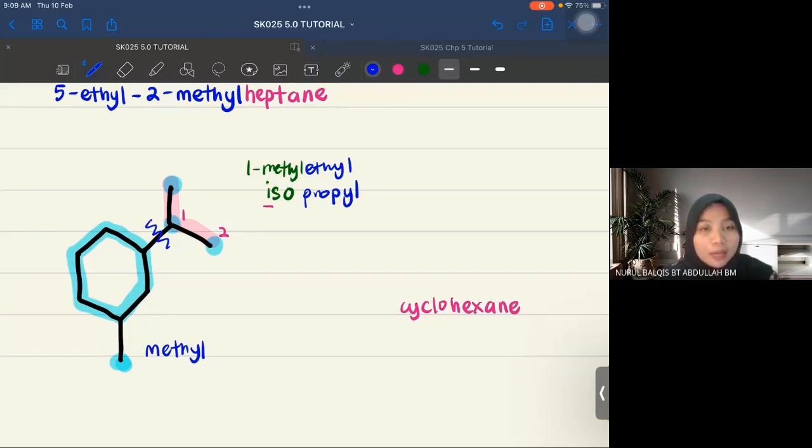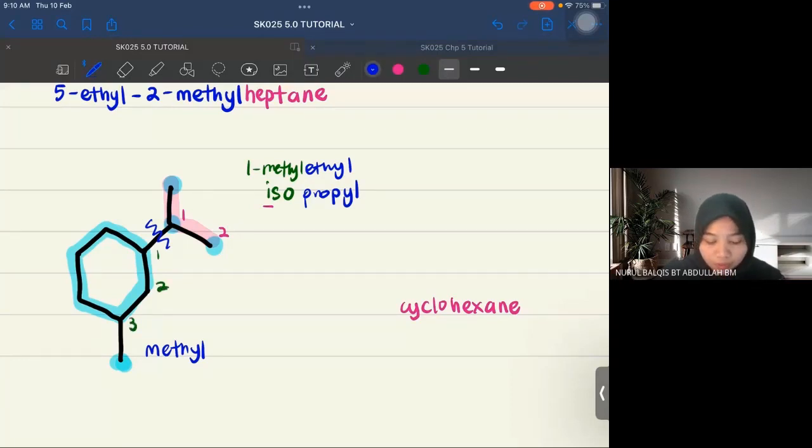Okay, the numbering now. In a cyclic structure, you must make sure the locations give the lowest possible combinations of numbers. In this case we have two substituents. You can start from this isopropyl, 1, 2, 3, meaning you have the combination of 1 and 3.